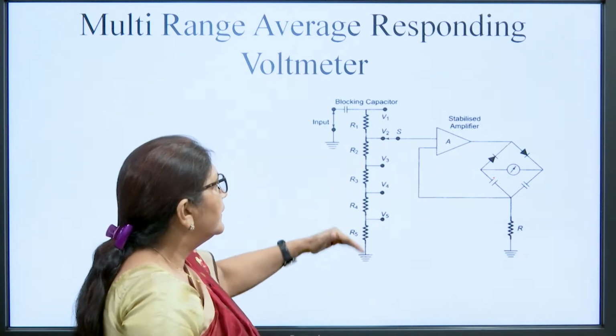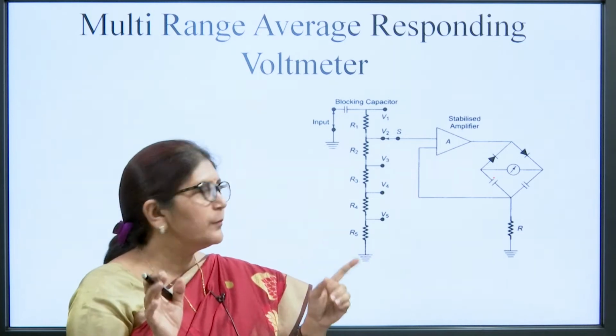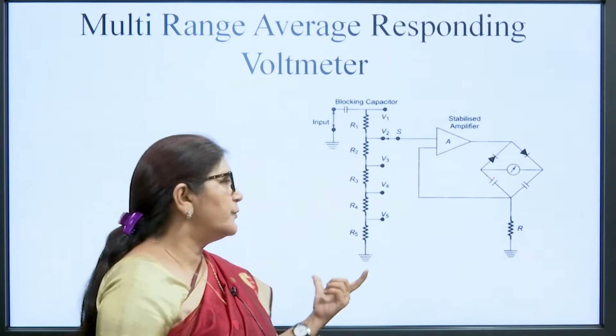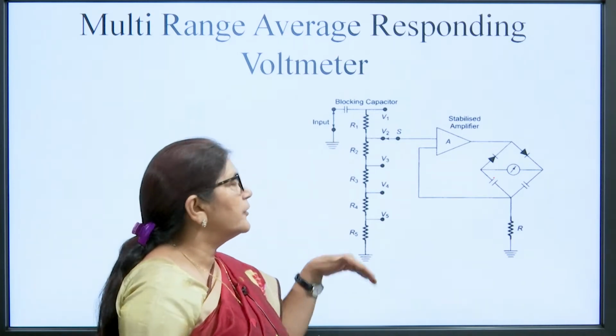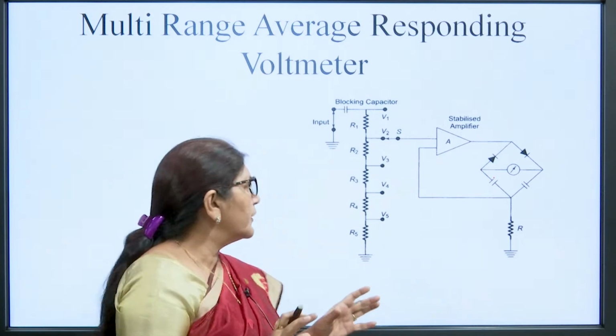Suppose the maximum voltage that we can apply across this meter is 1 volt. Because of this range selector, the combination of attenuator will not provide more than that voltage.